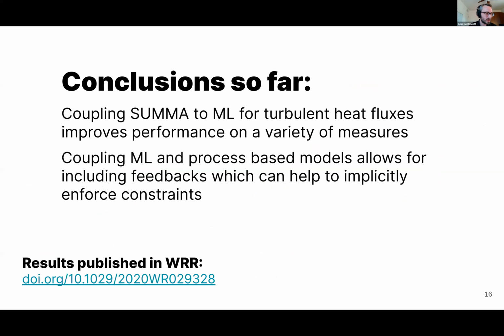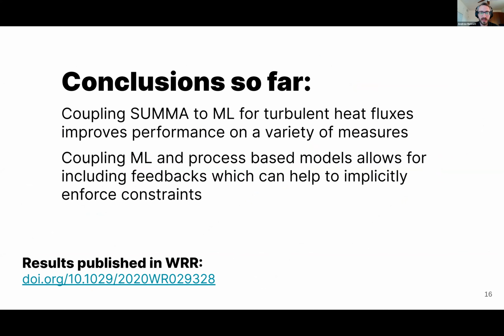Just to drop a conclusion slide for this so far, this was our first pass at getting this coupling to work. These neural networks were able to outperform the standalone model in terms of the latent and sensible heat fluxes.